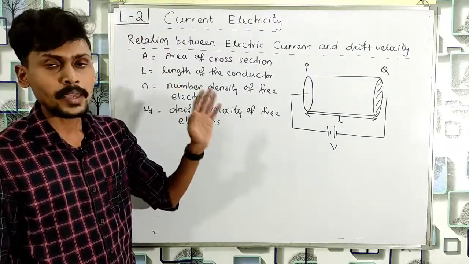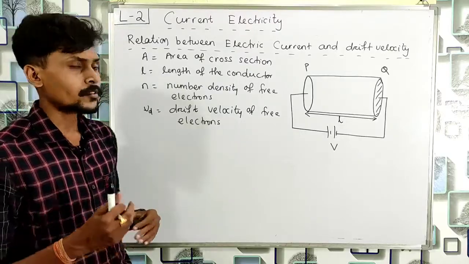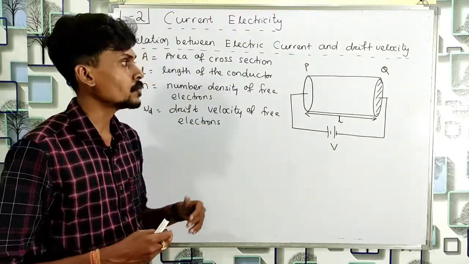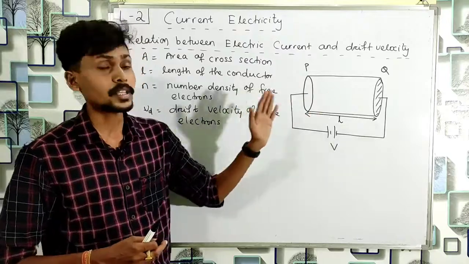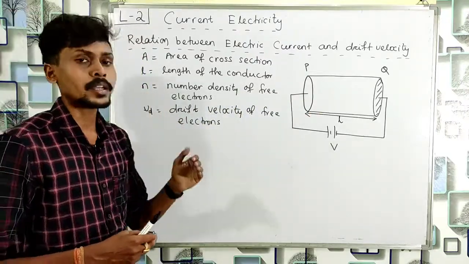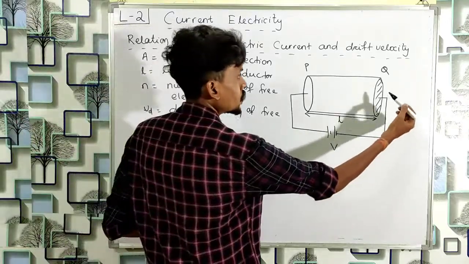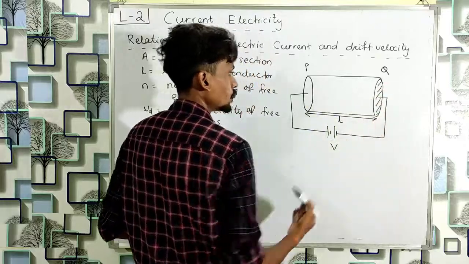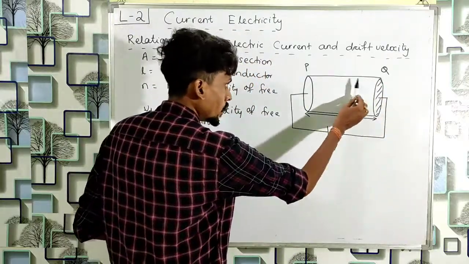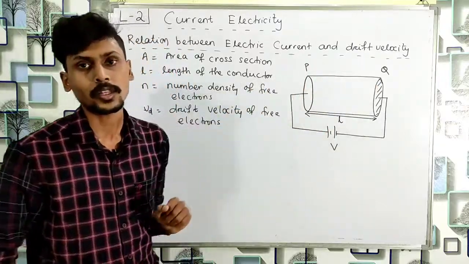It means P is at higher potential and Q is at lower potential. We know that the free electrons move from low to high potential inside this conductor. So when the circuit is closed at time t equal to 0, the free electrons situated at this cross section will drift towards the cross section P from lower to higher potential.